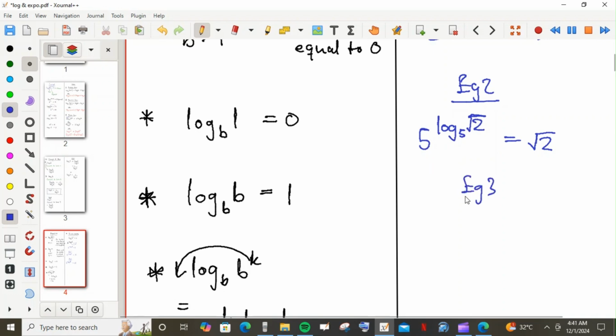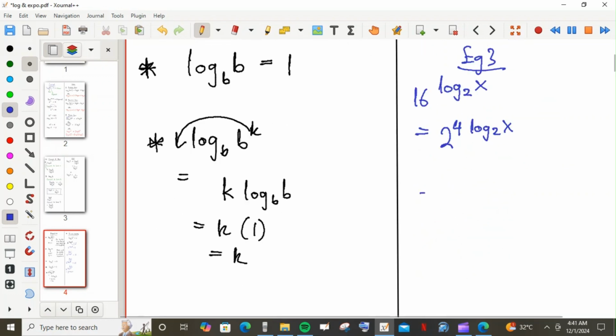Another one, 16 to the power log x to the base 2. 16 can be written as 2 to the power 4. Then I just bring this, and we say that your coefficient can become your power. This is like the reverse of the power rule.